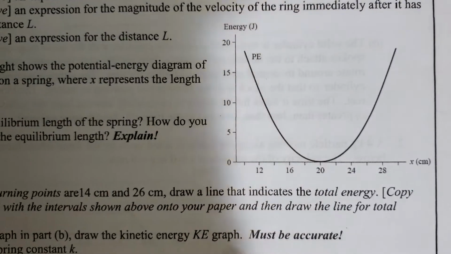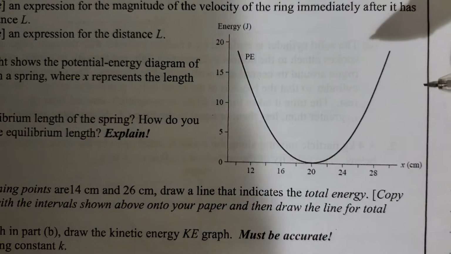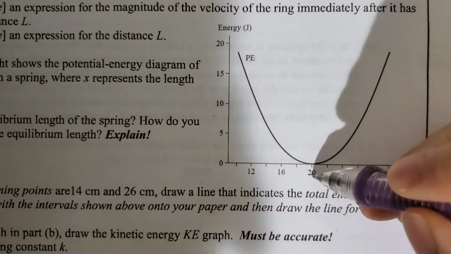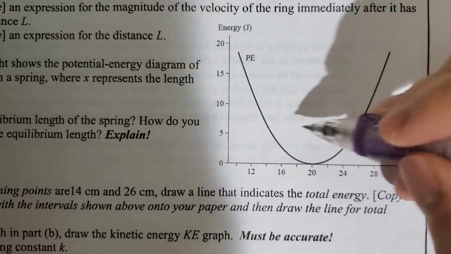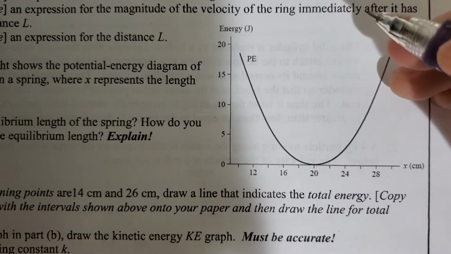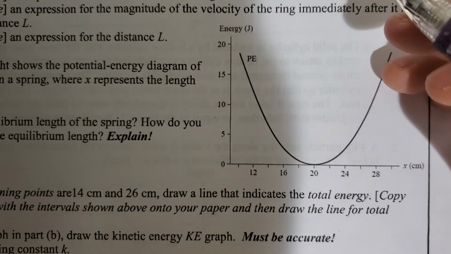So based on the graph, I know that the equilibrium length is 20 centimeters because at this point, PE is 0, and at equilibrium, the block has a potential energy of 0. So that's what I'm going to write.